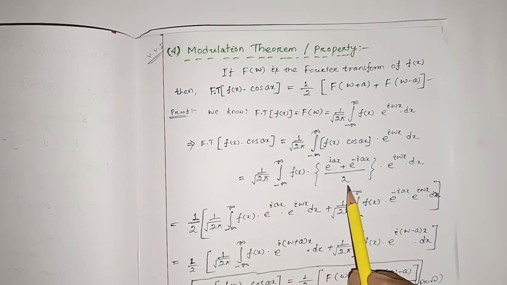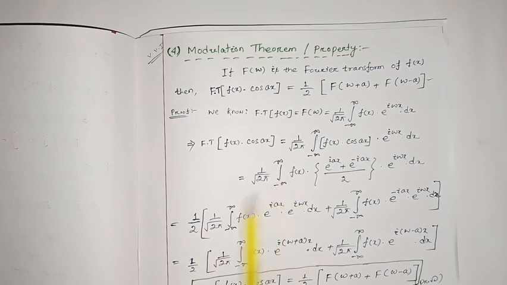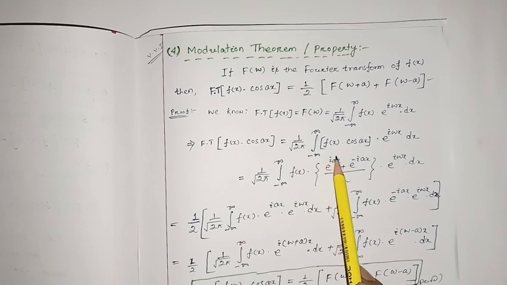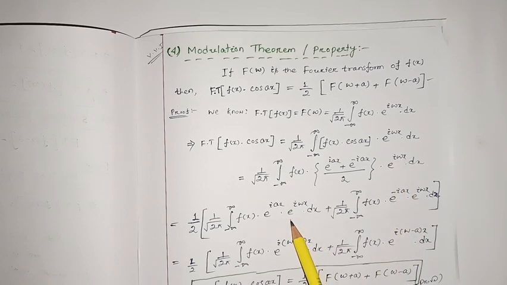What are the integrals? Here you can see this 2 is a constant, taken outside of the integration, so 1 by 2 whole into 1 by root over 2 pi, minus infinity to plus infinity, f x multiplied with e to the I ax into e to the I omega x dx. Got it?